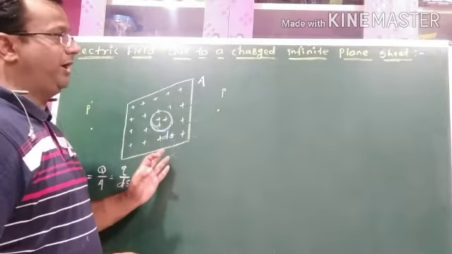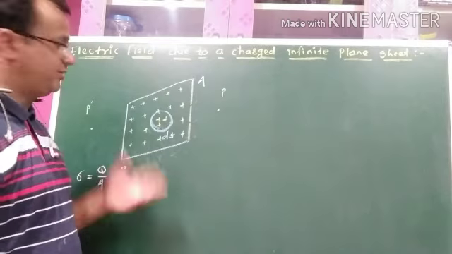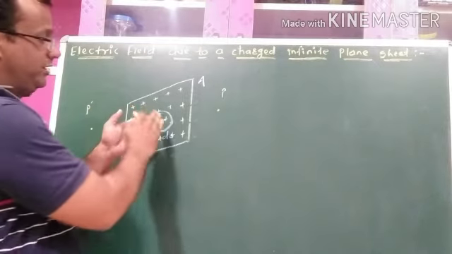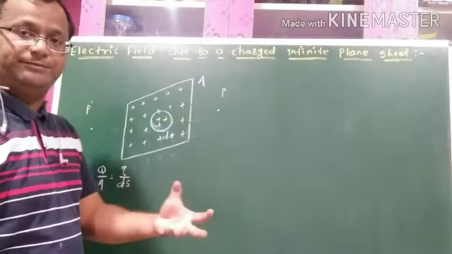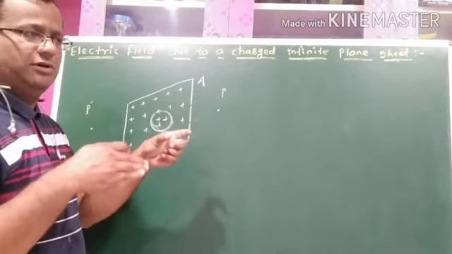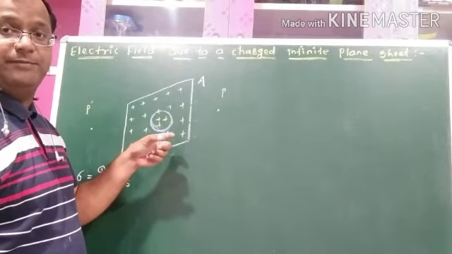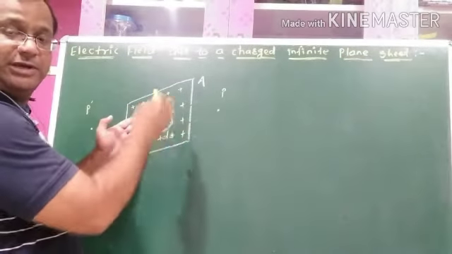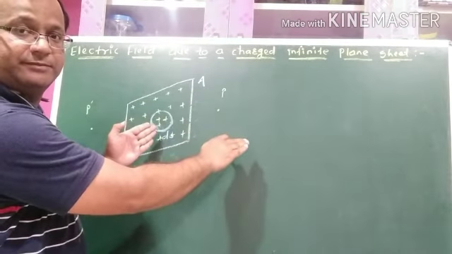This conducting plate has a very small thickness, so the effect of the charges produced on both sides, the front side and back side of the sheet, matters. If the sheet had some thickness, then the charges present on the front side of that conductor would produce the electric field only in one direction.